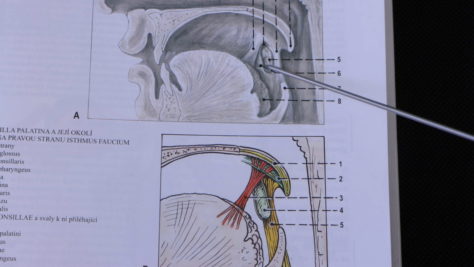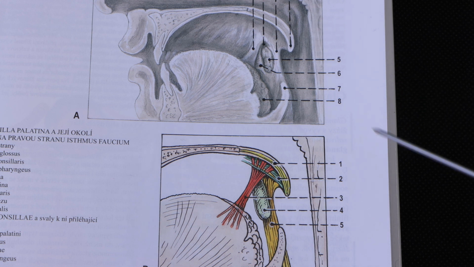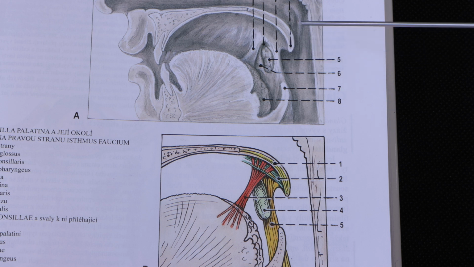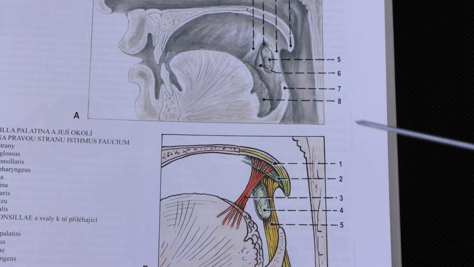Laterally, this muscle attaches to the muscle of the pharynx, mainly the superior pharyngeal constrictor muscle, and laterally it is covered by dense connective tissue called the tonsillar capsule.